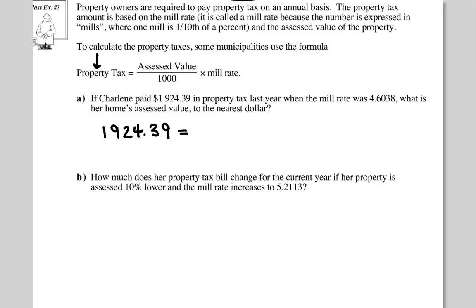Then it tells me that the mill rate is 4.6038. That needs to go here, so let's leave some space and put 4.6038 over there.